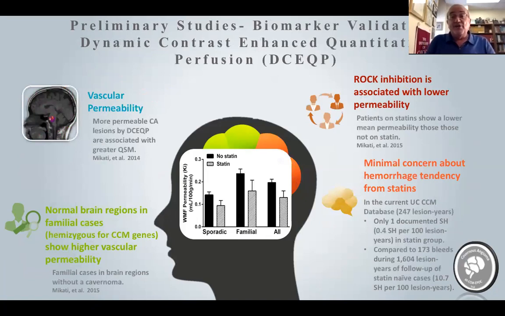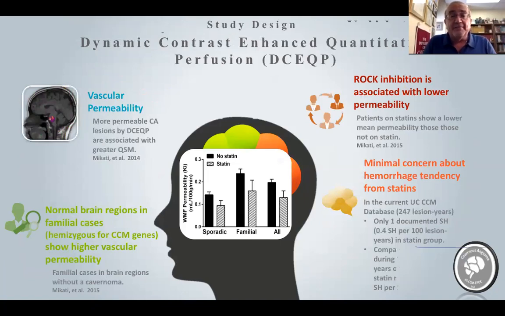So we know that this drug, atorvastatin, will decrease permeability in the brain of cavernous angioma patients. And we want to know if that change is truly significant between the people getting atorvastatin and the ones getting placebo, because it could be like the blood test that tells you you've gotten enough drug. So if we give enough drug that it causes the effect in the brain, then it's doing what we want it to do.